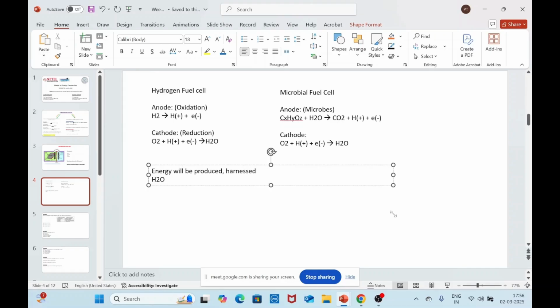Here, as far as every single process is concerned, this process also has typical problems associated with it. One of the problems is the electron transfer. The electrons that are generated by the bacteria through the digestion of the biomass need to be transported to the anode surface so that they can be taken to the cathode.